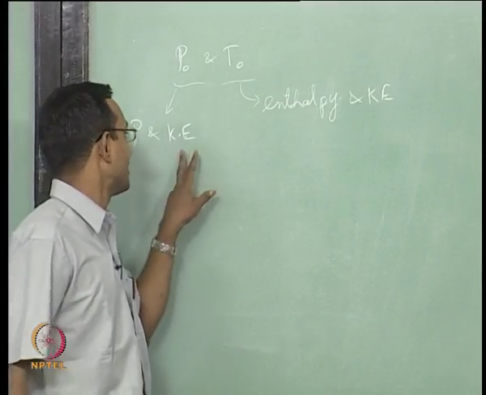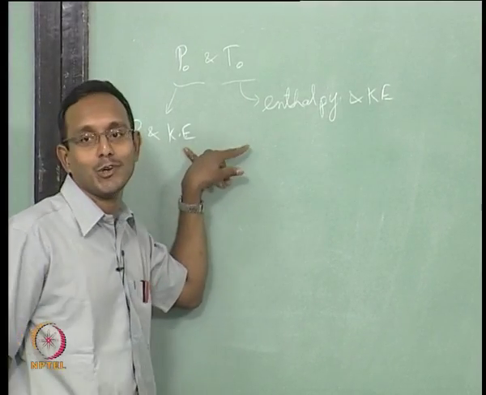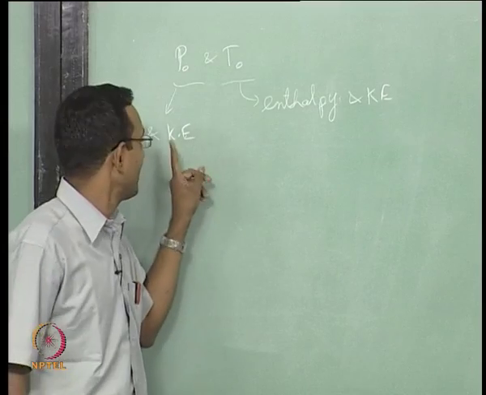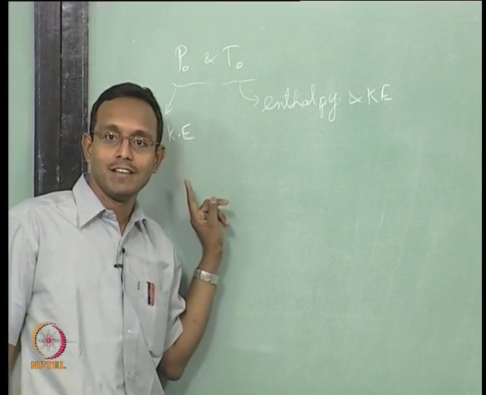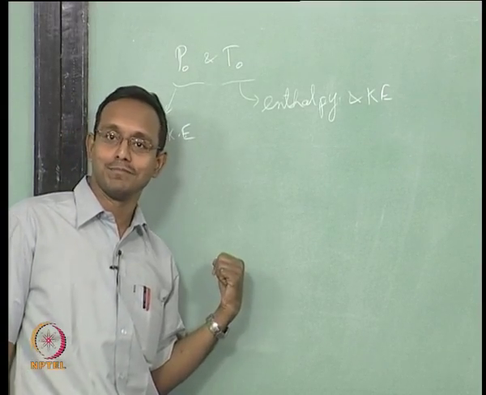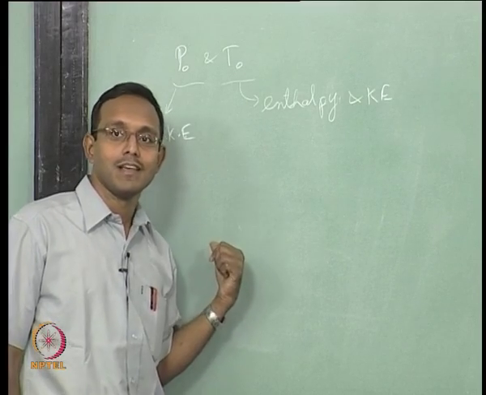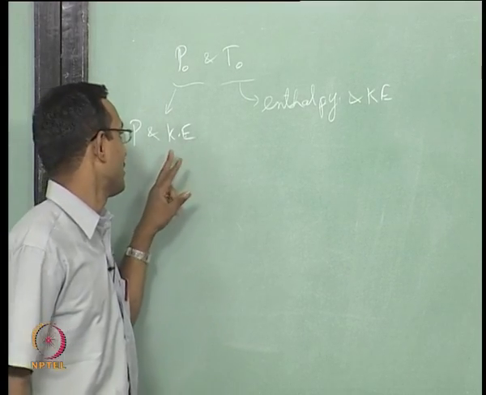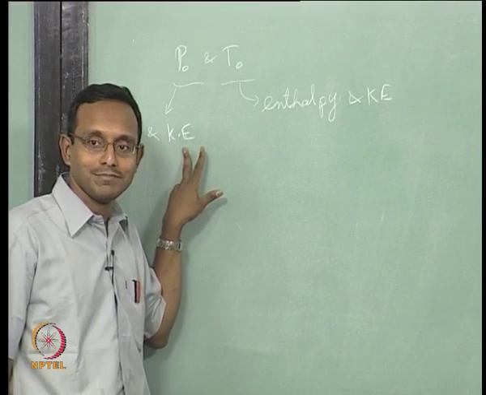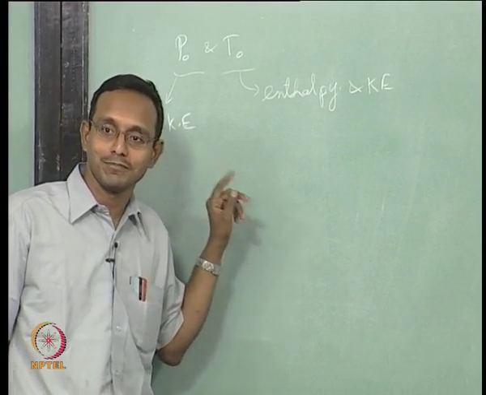It so happens that the kinetic energy part is what is going to cause trouble. The kinetic energy depends on velocity and velocity depends on reference frame. And that is what is causing all this trouble. Kinetic energy depends on reference frame because velocity depends on reference frame.